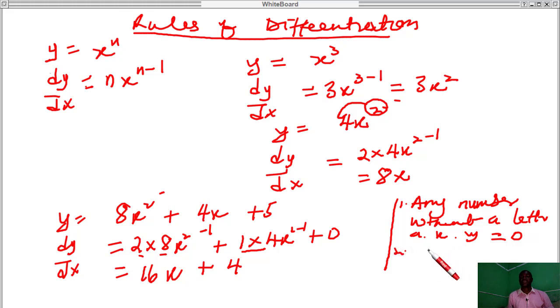Anytime we are differentiating and the power of the variable is 1, you write the number behind the variable. For example, 4x, don't even differentiate, just write 4. Let's say we have 10x. When you differentiate, it will be 10. Let's say we have 20p. It will be 20. Don't even differentiate. So take note of these things, then it will help you to move very quickly.